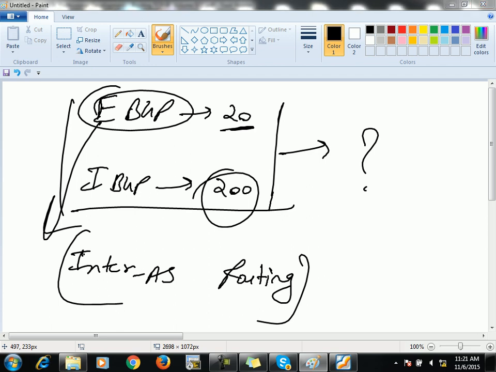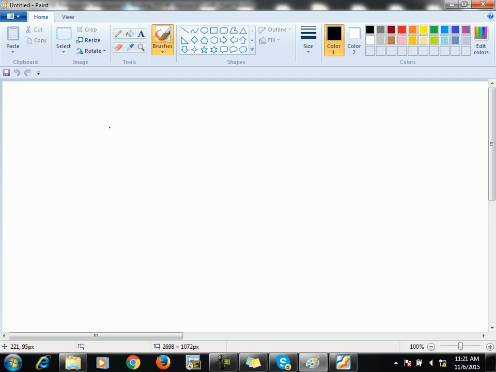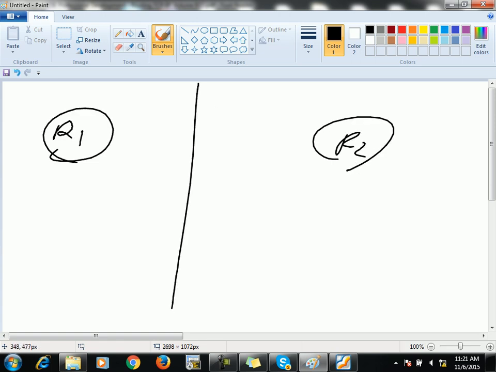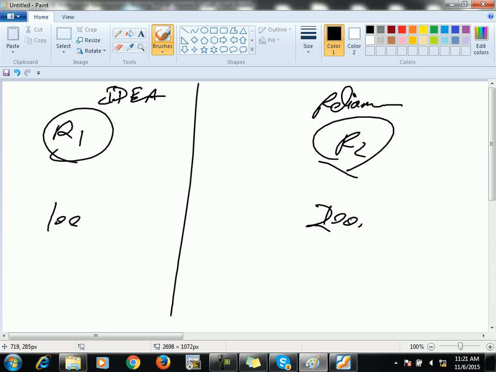See, let's say this is router 1 and this is router 2, and both routers exist in different organizations. Let's say this one is Idea and this is your Reliance. Both of them are using different ASs, 100 and 200. Now they have connectivity and you configured BGP between them. By mistake, someone configured an IGP as well, or EIGRP or something like that.